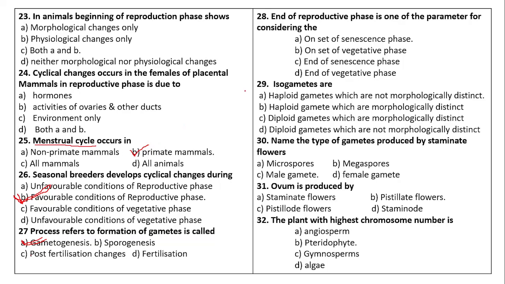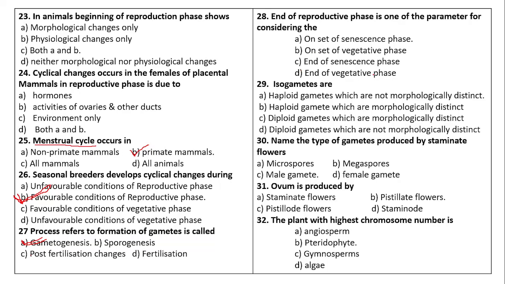The end of reproductive phase is one of the parameters for considering dash. Option A, onset of senescence phase; option B, onset of vegetative phase; option C, end of senescence phase; option D, end of vegetative phase.